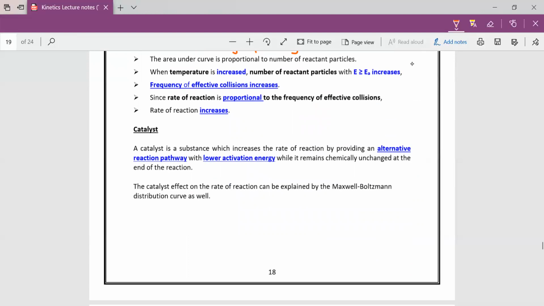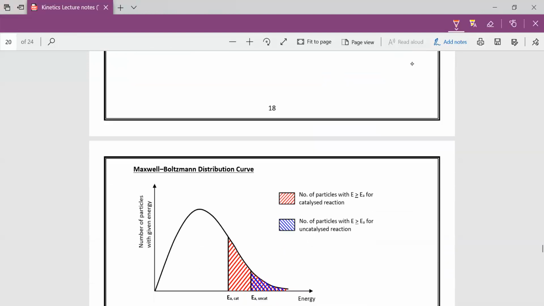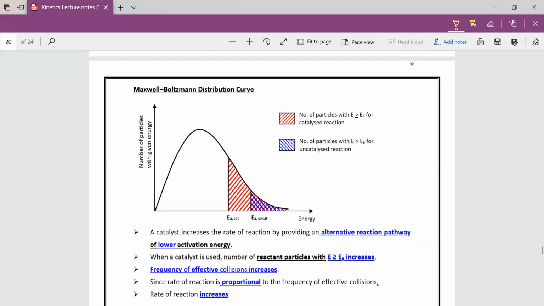Okay, what happens if we have a catalyst? A catalyst reduces the EA. So if we look at the Maxwell-Boltzmann, we only have one curve, not two, because the temperature didn't change. So the energy of the particles actually didn't change. What changed was the requirement, the EA.